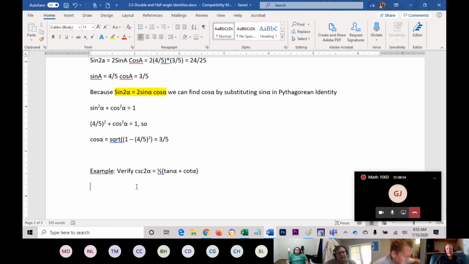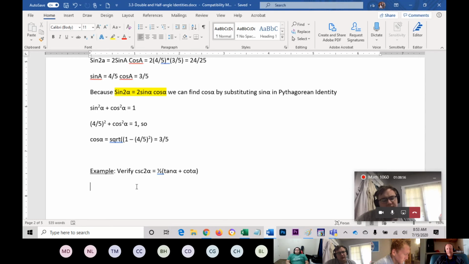I probably wouldn't yet. Could you rewrite the tangent and the cotangent as their inverses? So 1/2 times, how could you rewrite the tangent? 1 over the cotangent of alpha. That's true, but that's not what I was thinking of. Okay.